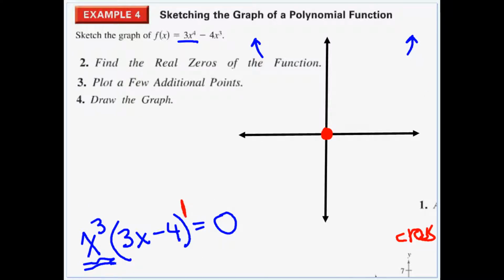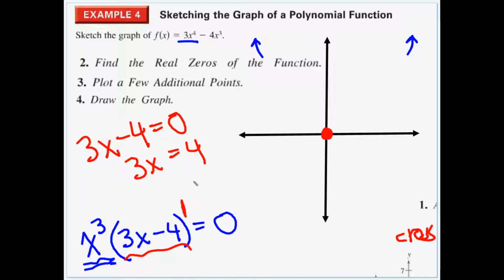This one is odd multiplicity, quantity to the first, so we're also going to cross at this one. Odd exponents we cross. So if I set 3x minus 4 equal to 0, I'm going to add 4, 3x equals 4, and then divide by 3. X equals 4/3. So we've got another 0 at about 1 1/3.